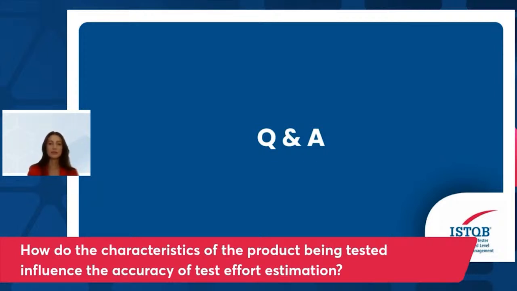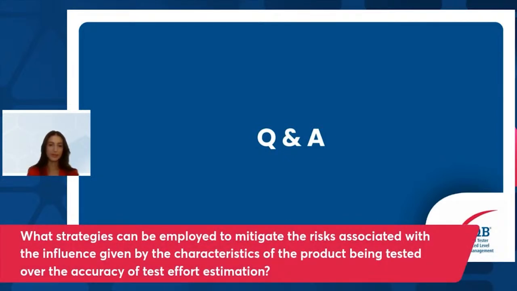Then complexity. Products with complex domains or multiple integrations, let's say, like some systems involving hardware and software, they really require more detailed and extensive testing. These are some examples. Hope this answers your question, and we'll go to the next one.